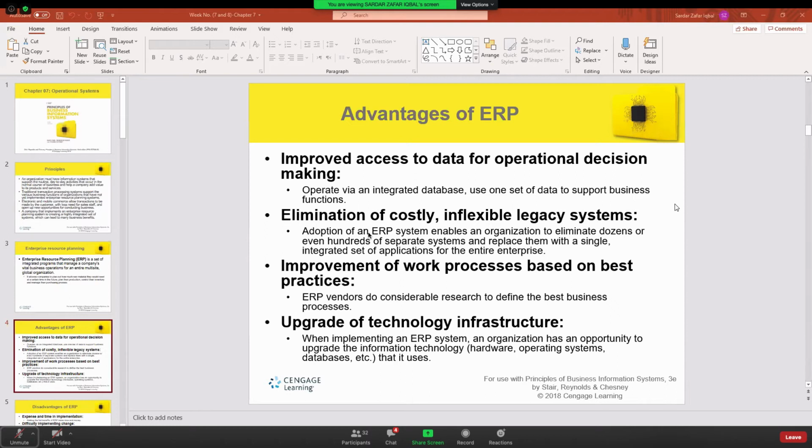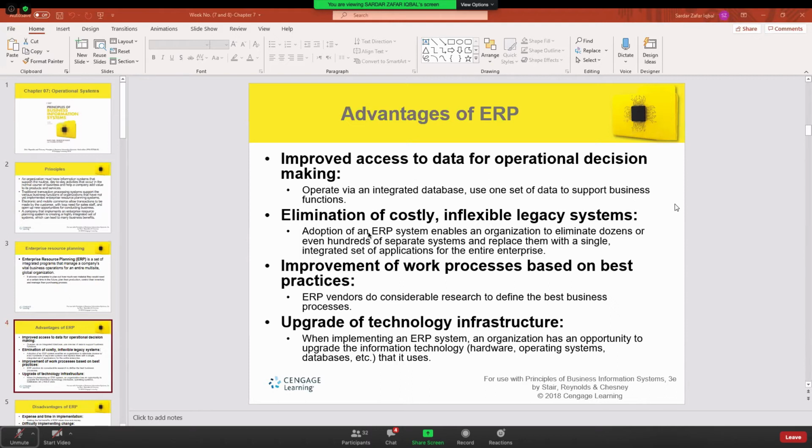Improvement of work processes, yes, with these softwares, things will be improved. Upgrade of technology infrastructure. When implementing an ERP system, an organization has an opportunity to upgrade the information technology hardware and operating system. So when you want to use ERP in your organization, you need to upgrade the infrastructure.